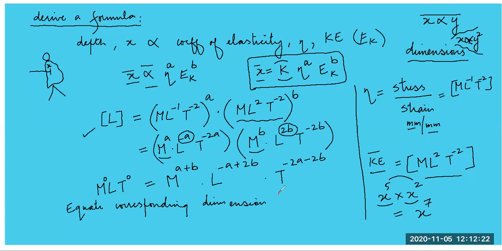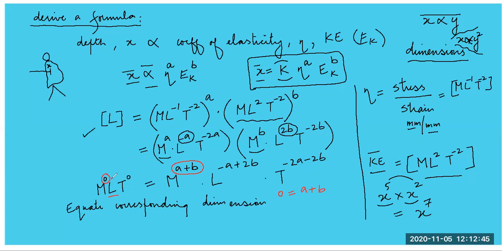So you will get 0 is equal to, see, they should be same. This is the left hand side and this is the right hand side. So 0 should be equal to A plus B. Very good.